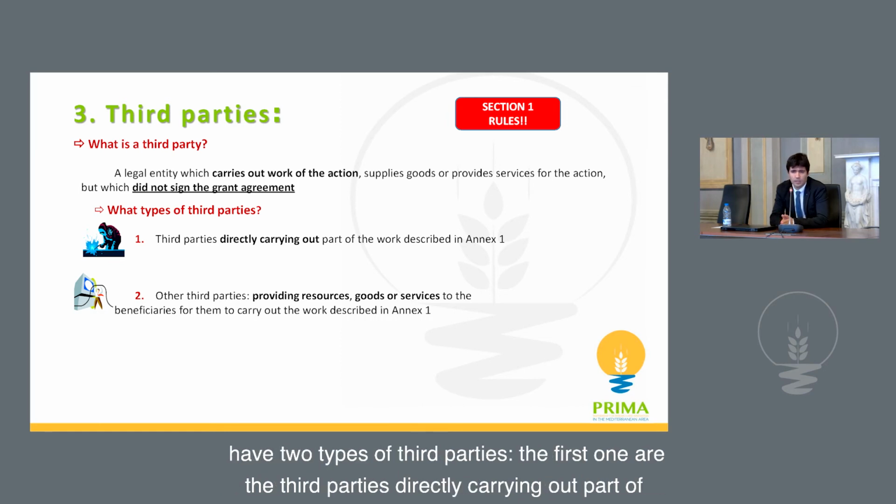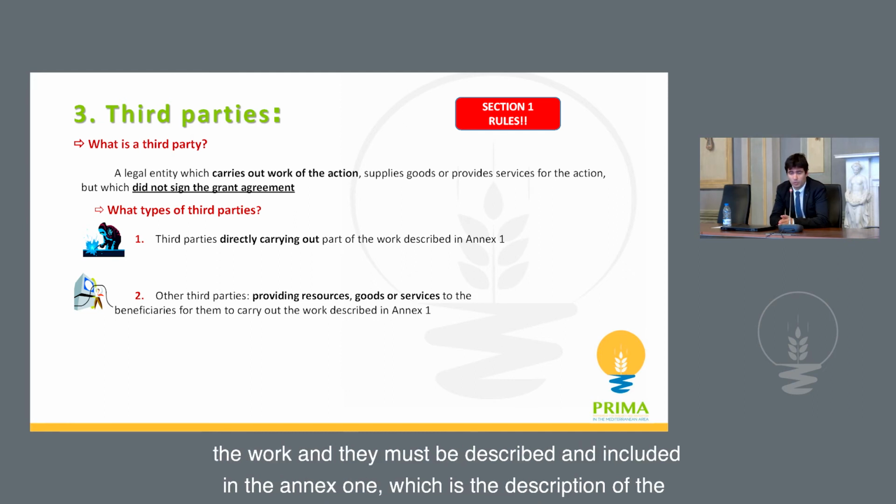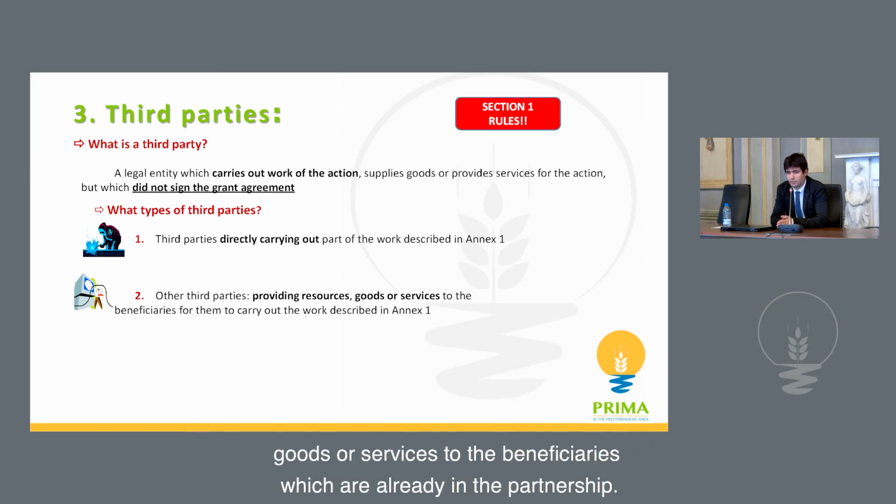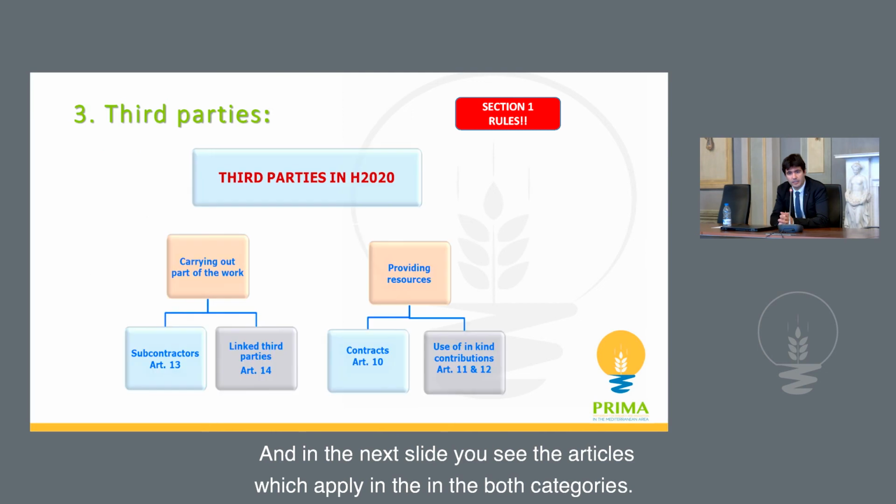The first are the third parties directly carrying out part of the work, and they must be described and included in Annex 1, which is the description of the action, the full document. The second category is other third parties providing resources, goods or services to the beneficiaries which are already in the partnership. In the next slide, you see the articles which apply to both categories.